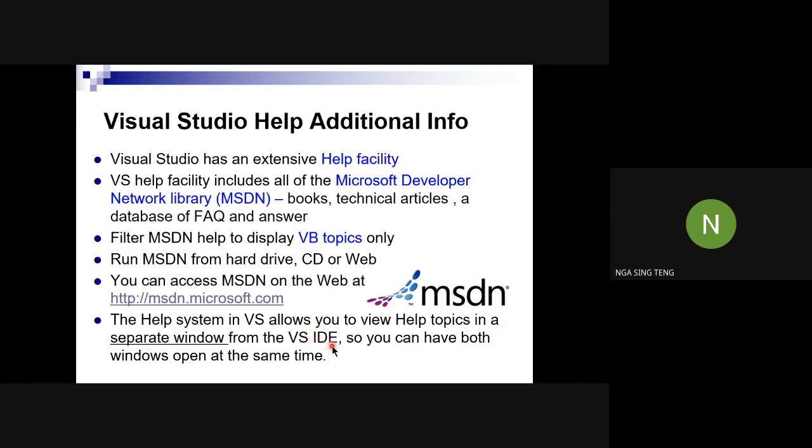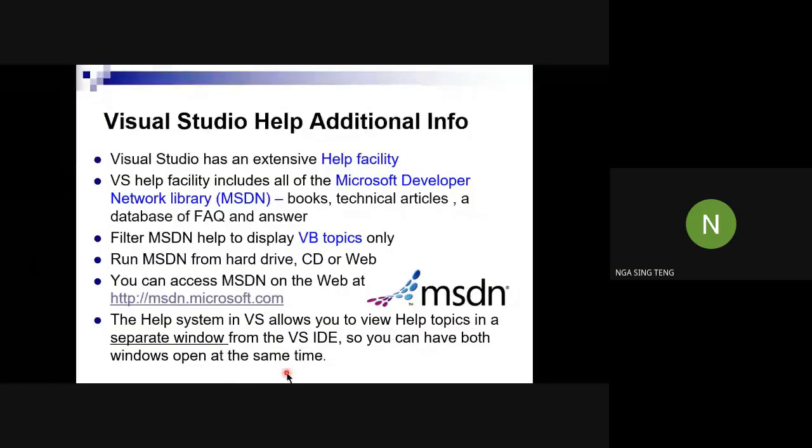Sometimes they will give you a lot of screenshots as well. So you can have both windows open at the same time. The address is msdn.microsoft.com. Please be friends with this site.